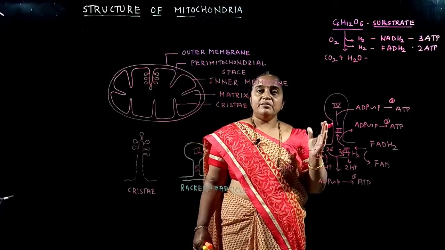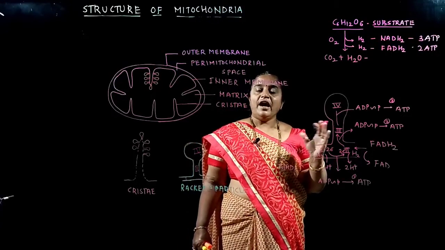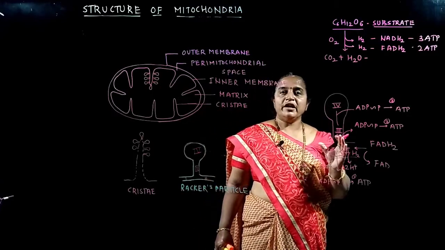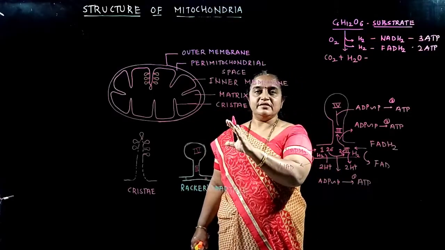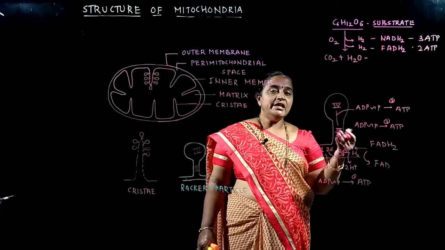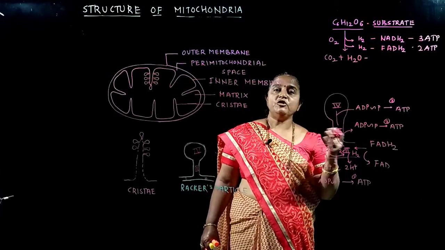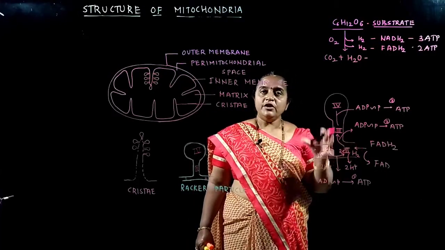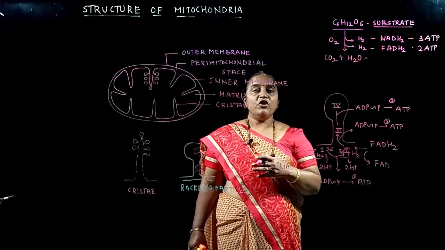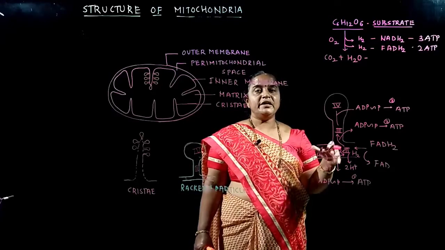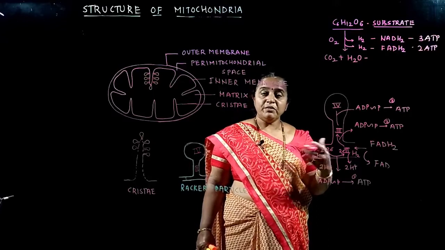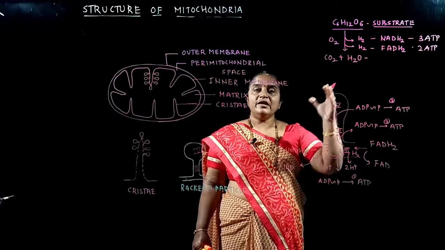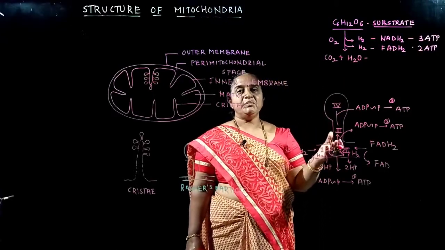Now if you think about prokaryotic cells and eukaryotic cells, in prokaryotes mitochondria are absent, so energy yield is very low compared to eukaryotic cells. In eukaryotic cells, mitochondria are freely suspended in the cytoplasm, having numerous Racker's particles utilizing hydrogen and generating ATP molecules.